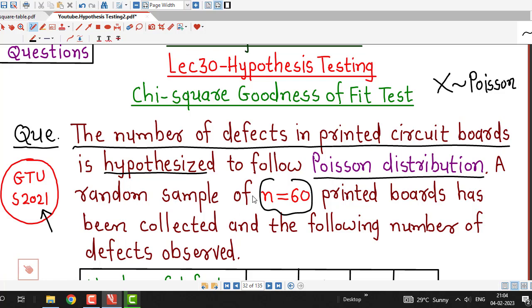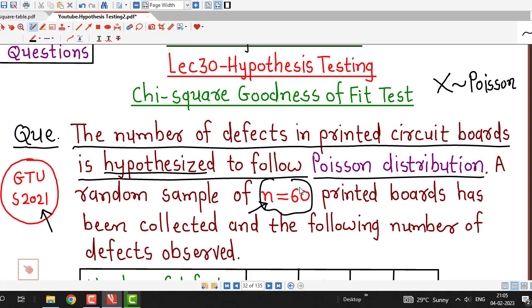So this first statement is giving us the null hypothesis for our goodness of fit test.